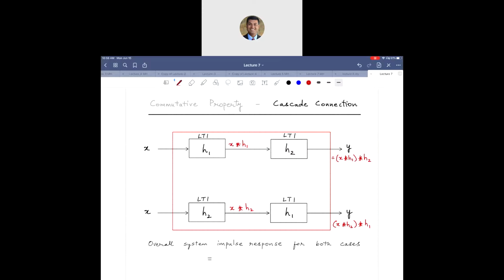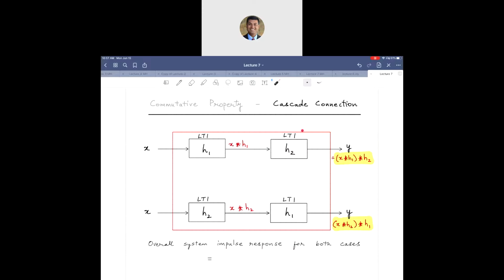And because it is commutative, the cascade connection here gives the same output. In other words, if you have multiple systems that are connected in cascade, the order in which those are connected doesn't matter. This can also be written for the sake of finding the overall system impulse response.